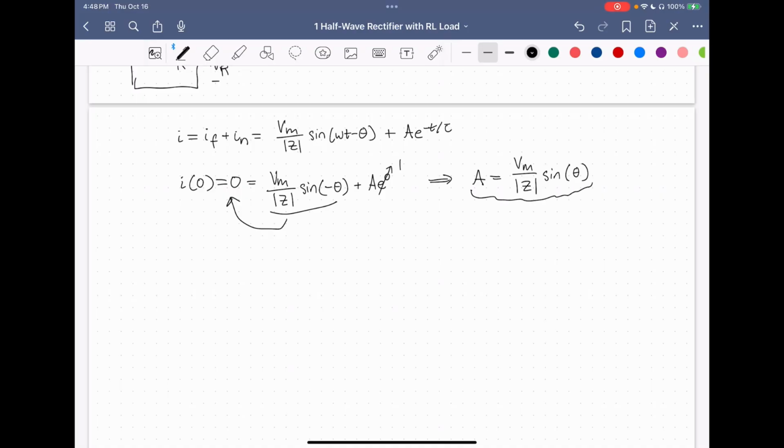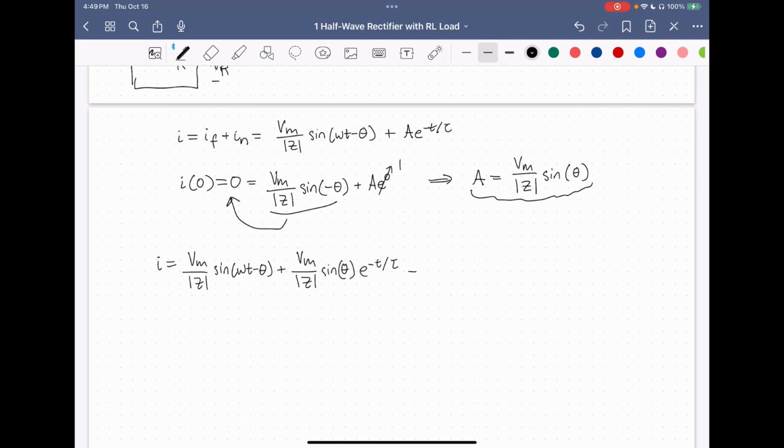Thus, we can write the total current I. This is when Vs, the source voltage, goes from 0 to a little positive value, and we start getting a current. The current expression now is I equals IF plus IN, Vm over Z sine(omega t minus theta) plus Vm over Z sine theta e^(-t/tau).